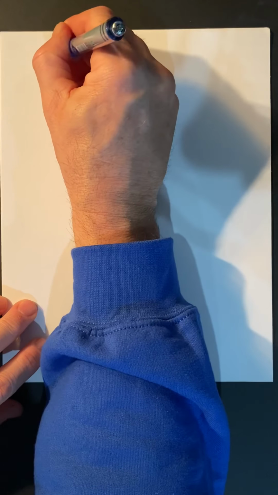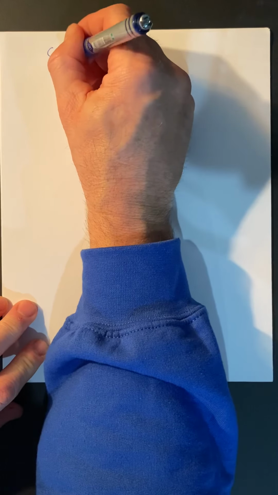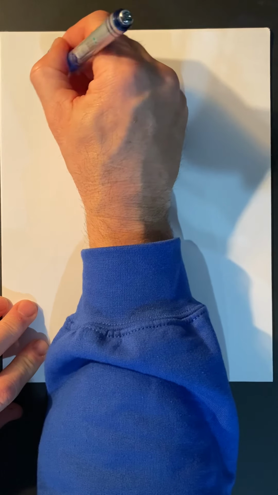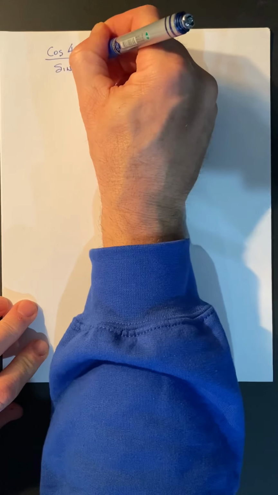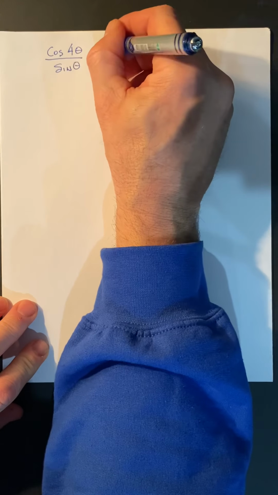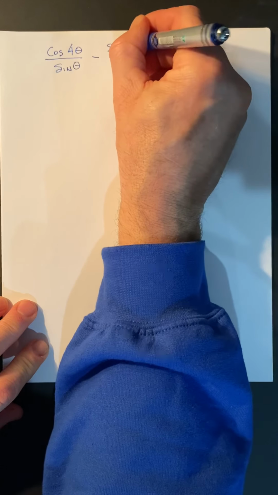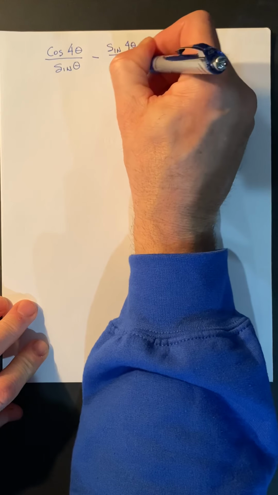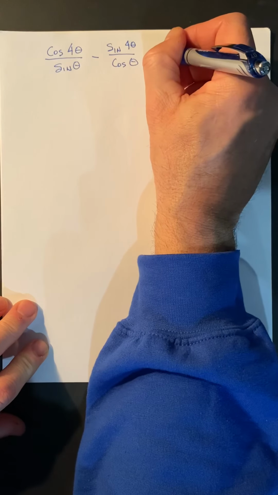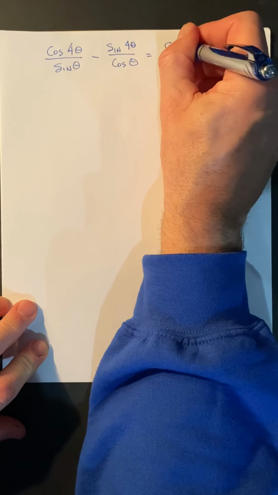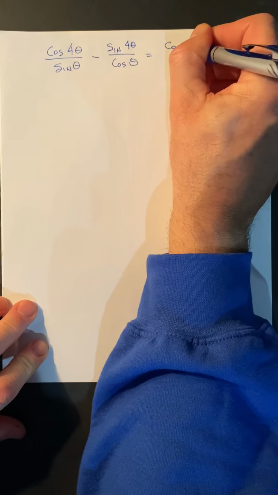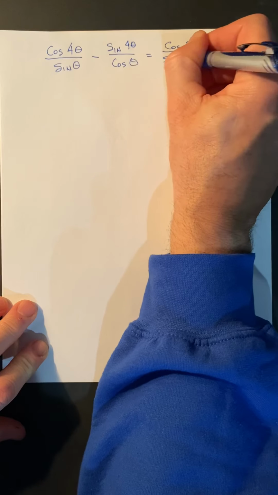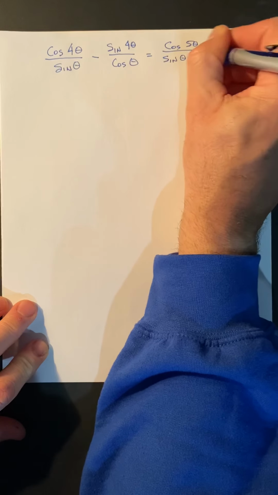The cosine of 4 theta over sine theta minus the sine of 4 theta all over cosine theta happens to be equal to the cosine of 5 theta all over sine theta cosine theta.